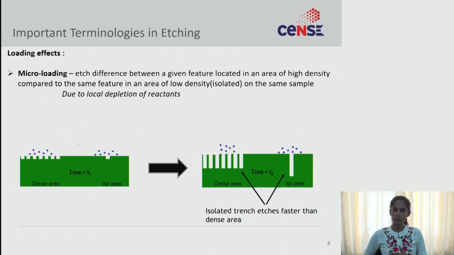This is mainly due to the local depletion of reactant species. So whenever you design your mask, your design should be spread uniformly across your wafer. Or else you will face this loading effect issue and end up with different etch rates on the same design, same wafer.